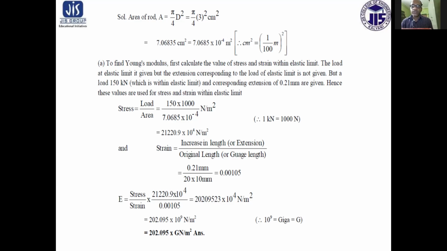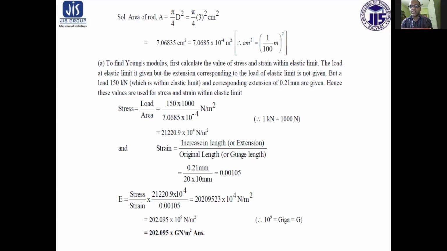So stress is equal to 21220.9 into 10 to the power 4 newton per meter square. Strain is equal to increase in length or extension divided by original length or gauge length.